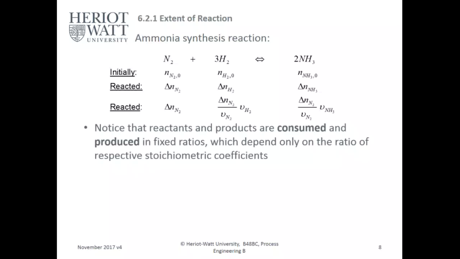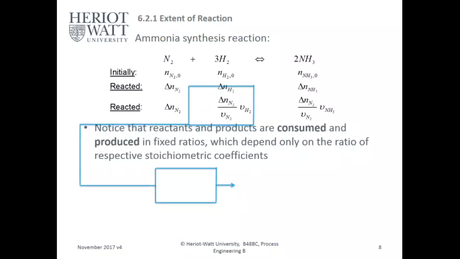Notice that the reactants and products are consumed and produced in fixed ratios. We'll do a slightly better version tomorrow. So the amounts you consume need to be in a ratio of the amounts produced, and it all balances to 1, which depends only on the ratio of the respective stoichiometric coefficients.